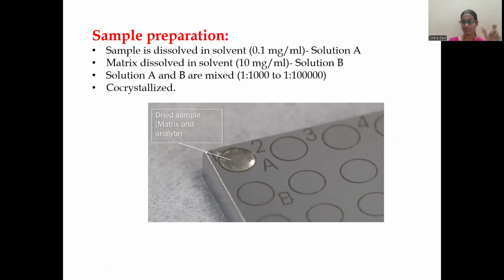The matrix, for example DHB, is dissolved in a solvent, that is solution B. Then at different ratios, solution A and solution B are mixed. Some examples given are 1 to 1000. According to these ratios, we mix the solutions on a plate, coat it, and it will be co-crystallized. This is the sample preparation in MALDI-TOF.